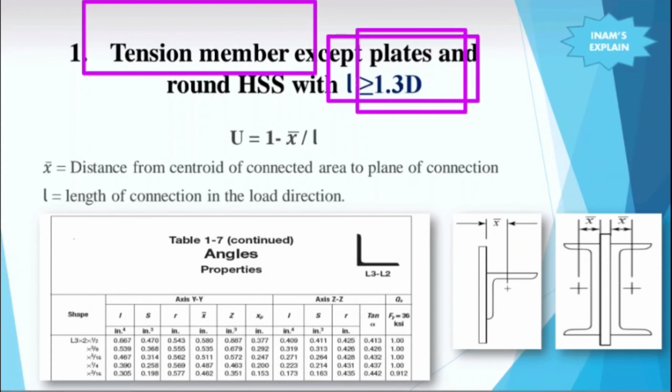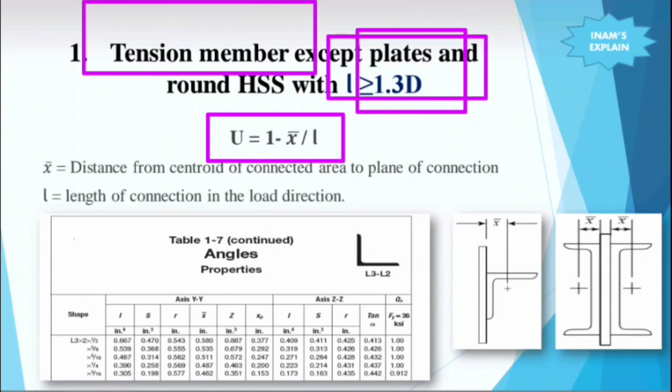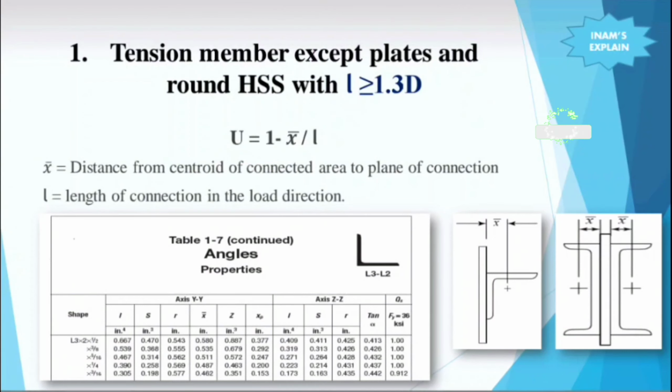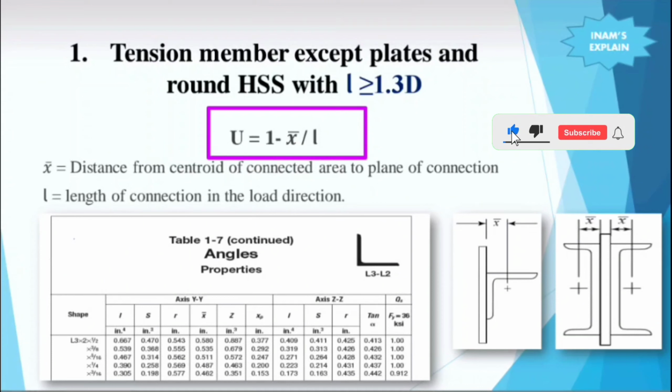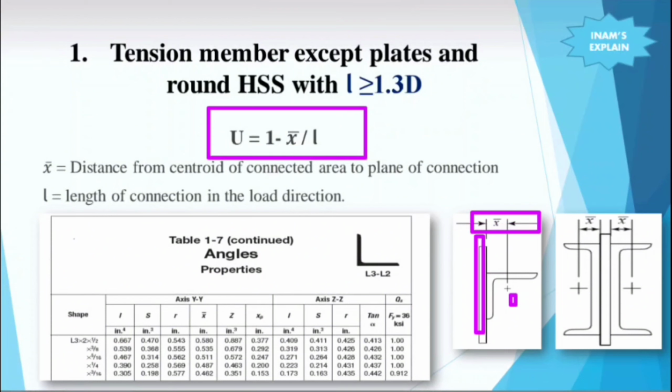For all tension members except plates and round hollow structural steel with connection length greater than or equal to 1.3 times the diameter, we will use the formula U equal to 1 minus x bar divided by L. X bar is the distance from the plane of connection to the centroid of the area. So this horizontal distance will be known as x bar, the distance from the connection plane to the centroid of the area.